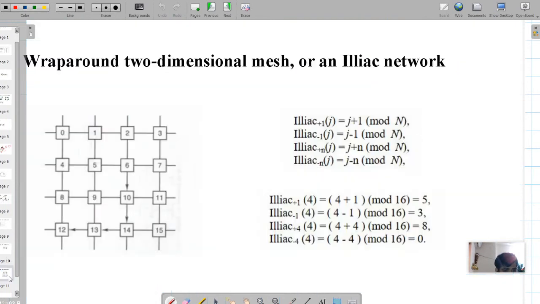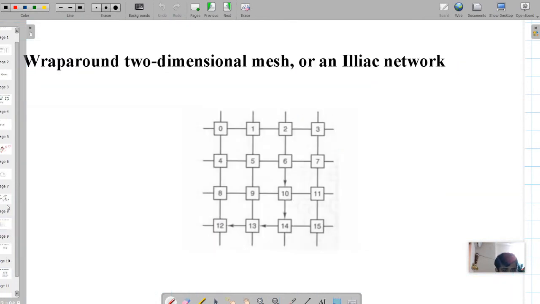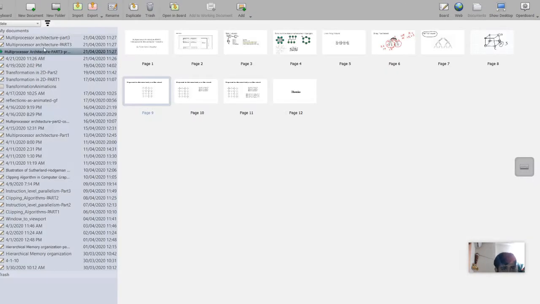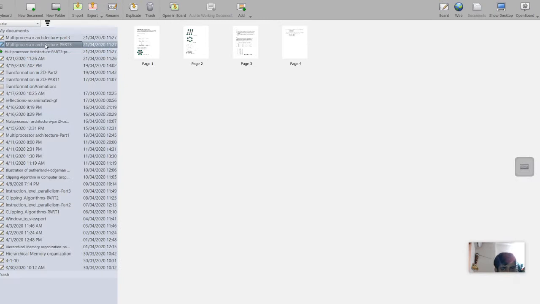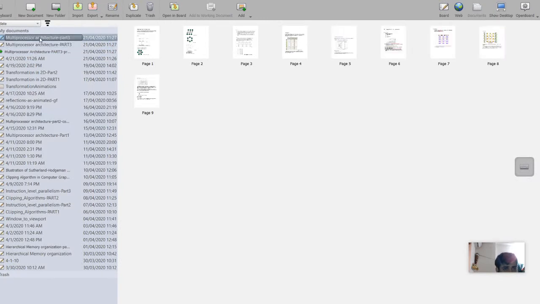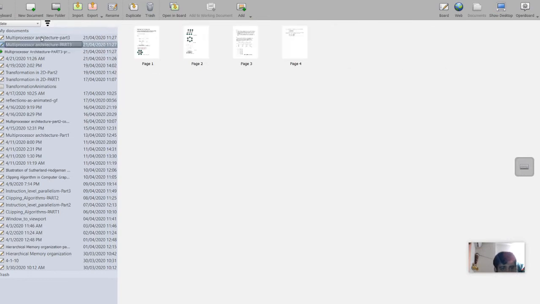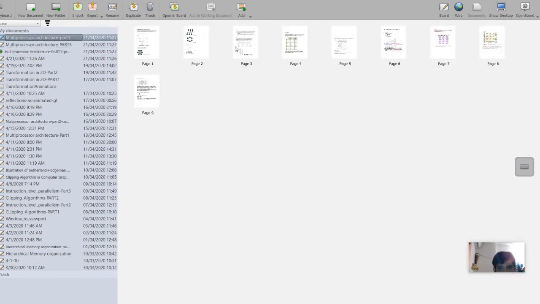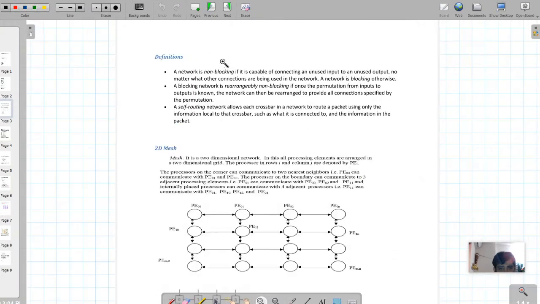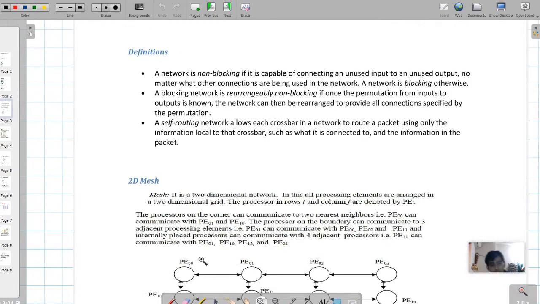Now, depending on the discussions that we have done, networks can be either blocking or non-blocking. Let me show you the definition. Yes. So have a look into the definitions.